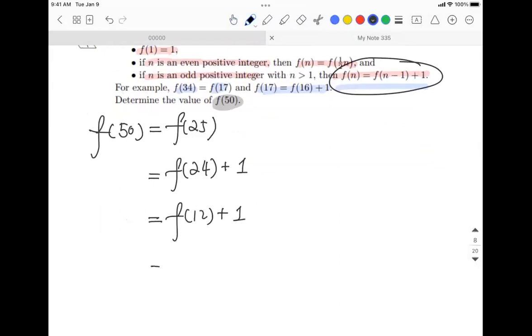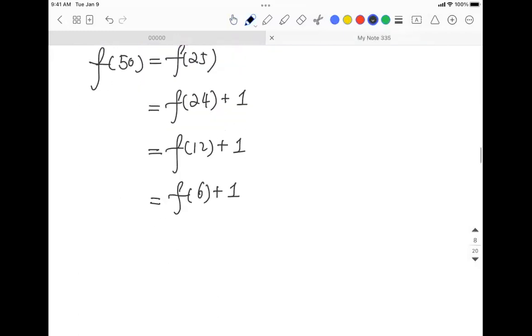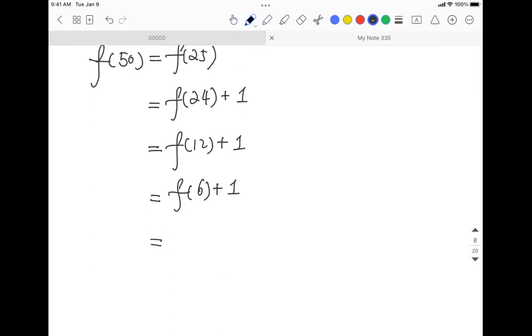And then what's next? f(6) plus 1. Is it right? This is quite understandable, right? You just follow whatever pattern the question asks you to do. And what's the value of f(6)? f(3) plus 1, right? And then f(3) means what? f(2) plus 1.